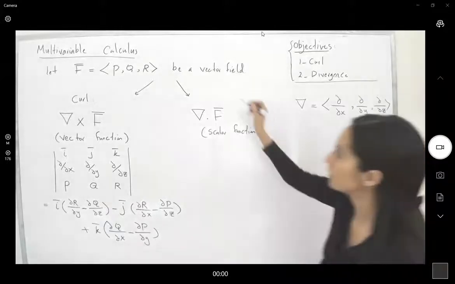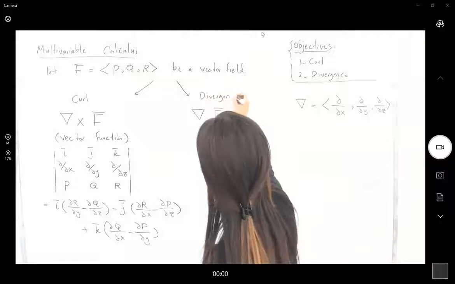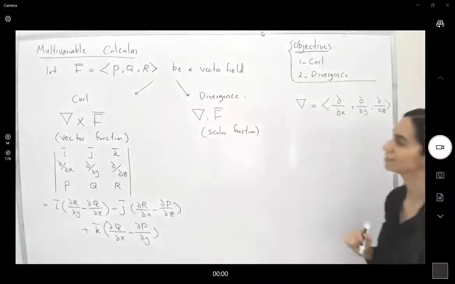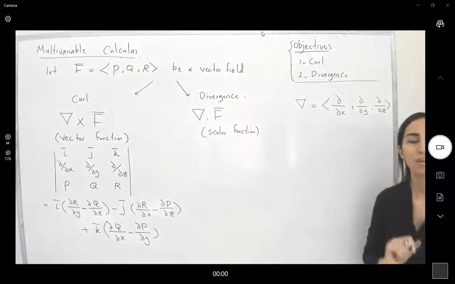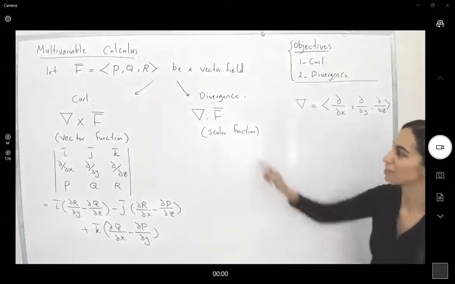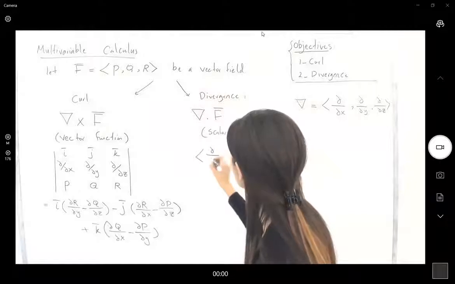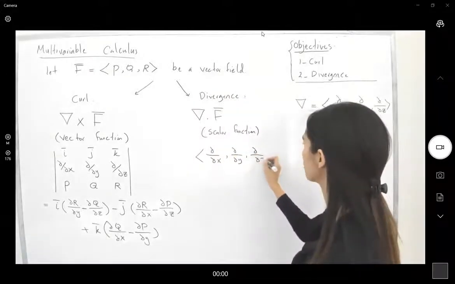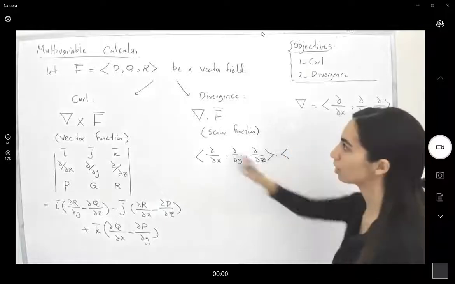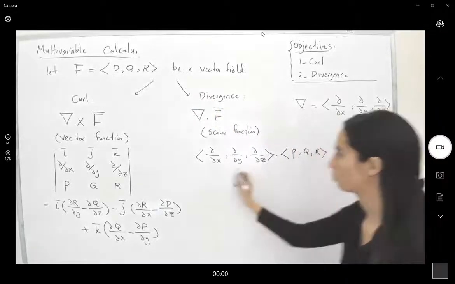So the divergence is not very hard to calculate. Here you just find the dot product between your gradient and vector field F. So here you have partial derivative with respect to x, partial derivative with respect to y, and partial derivative with respect to z, dot product P, Q, R. Well, what did we get?